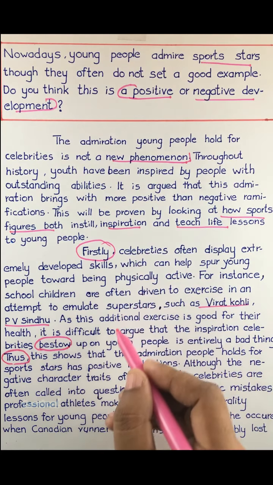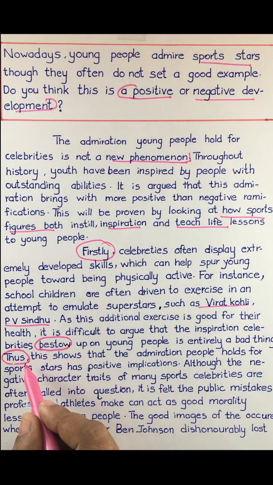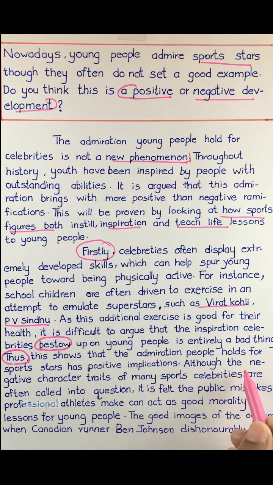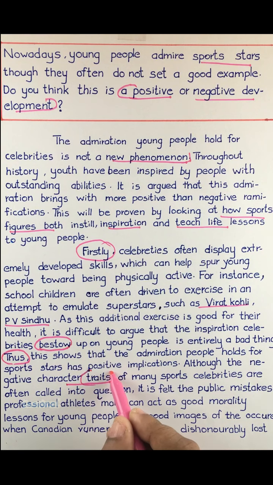Here, thus I have used. Thus, this shows that the admiration people hold for sports stars has positive implications. So, whatever I was saying before, I just wanted to connect all parts together and I have added thus over there. So, although the negative traits of many sports celebrities, traits meaning characteristics, you can add any word over here, are called into question.